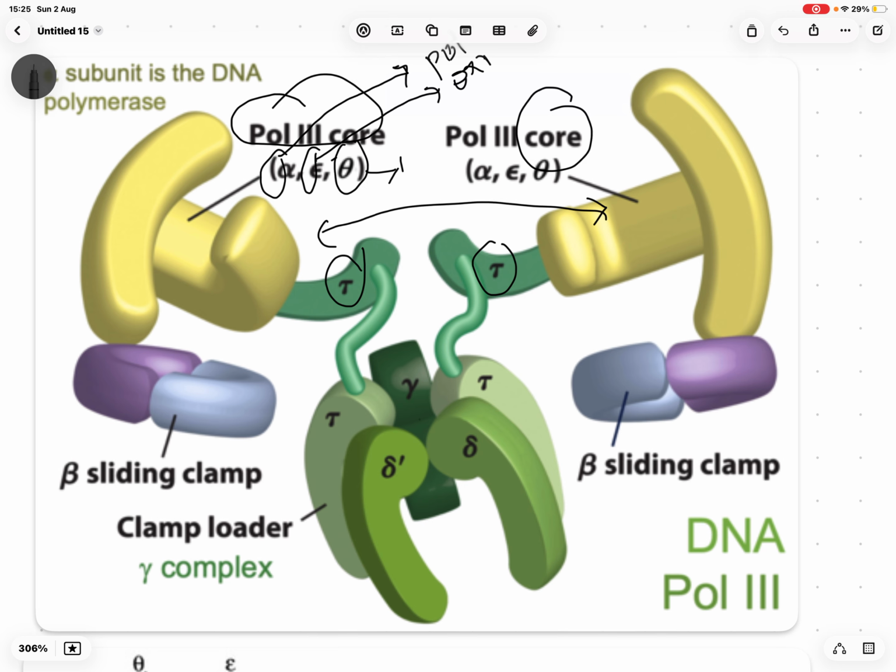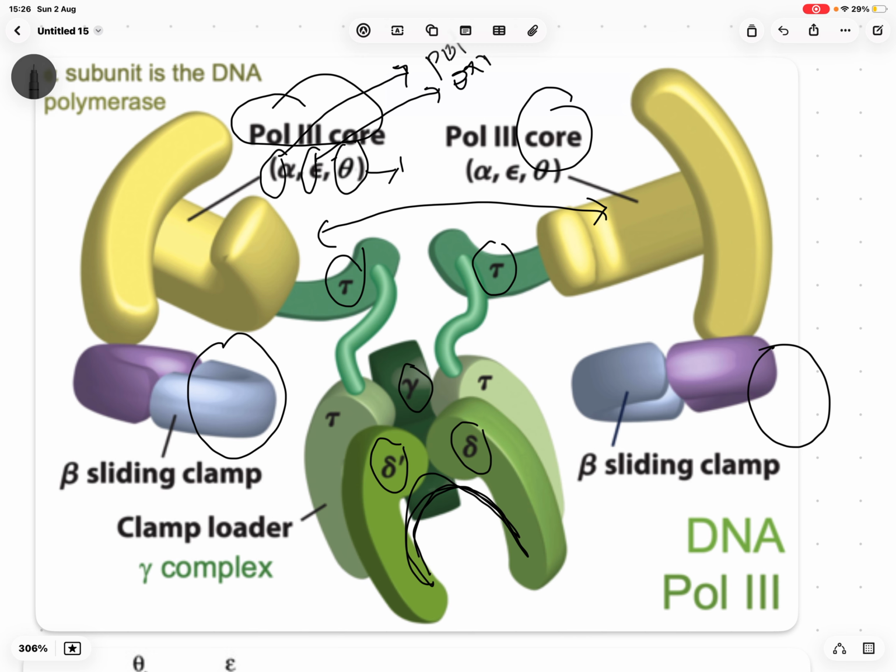Okay, then there are proteins like delta prime, delta and gamma. These gamma, delta prime and delta proteins are called clamp loading proteins, or clamp loaders. The beta subunits form the sliding clamps. The function of these sliding clamps is that they bind to the DNA strands.